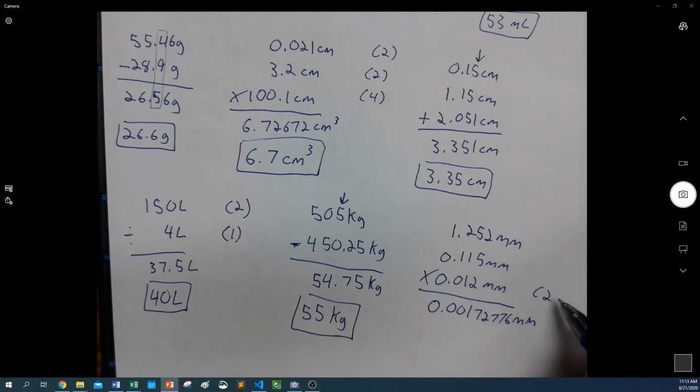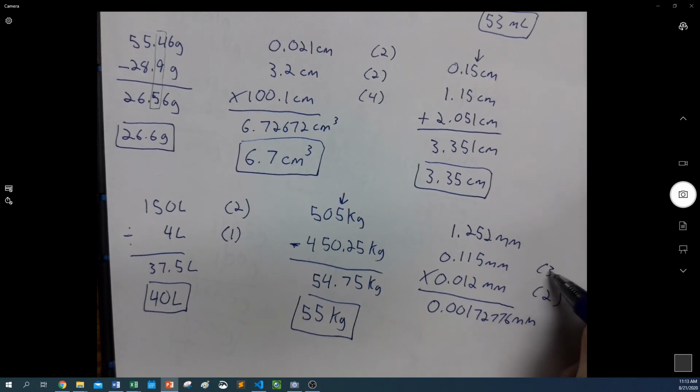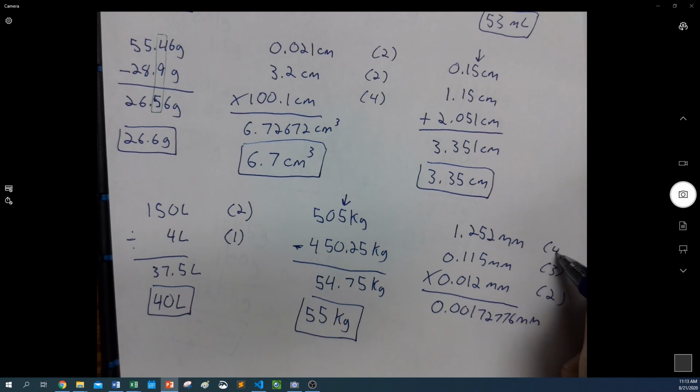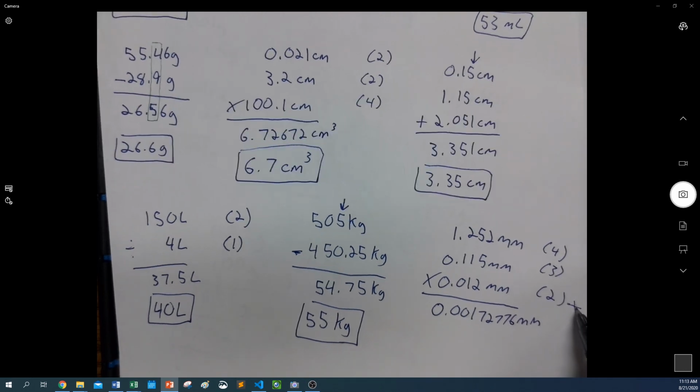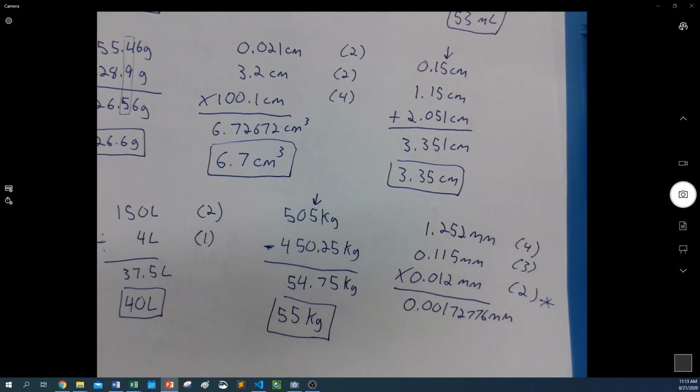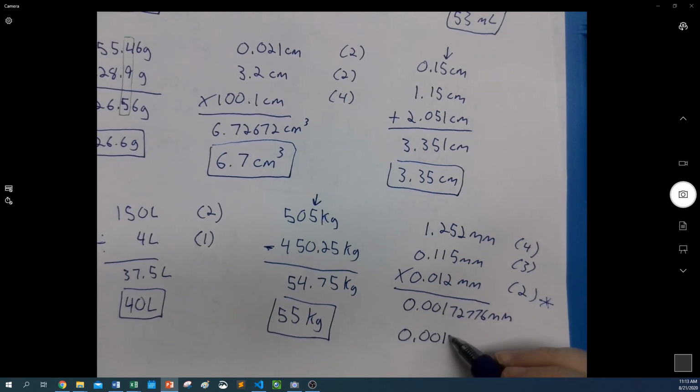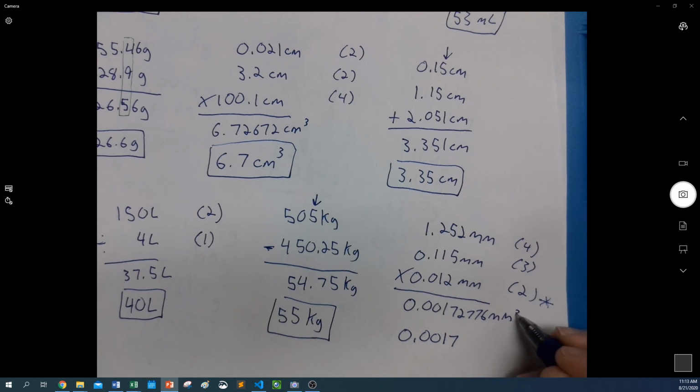This has 3 significant figures. This has 4. We choose this one. And so we would round this to 0.0017. And this would be cubic millimeters.